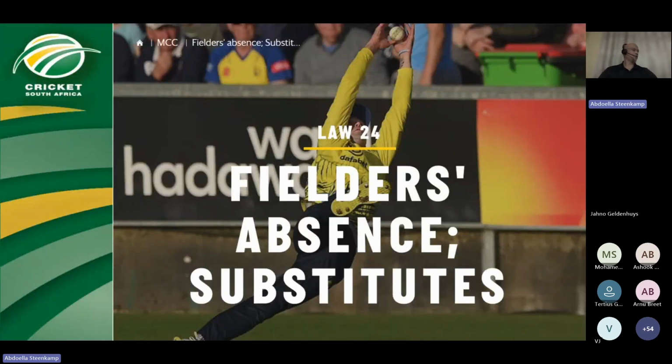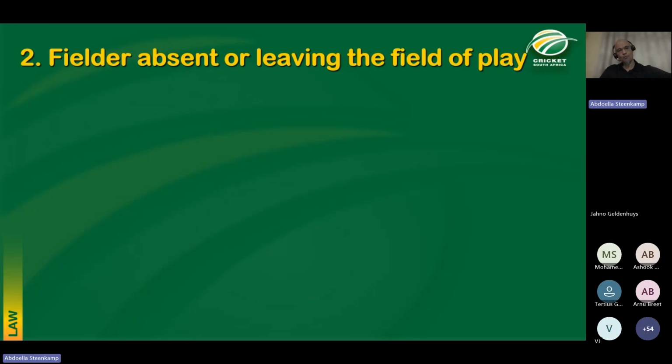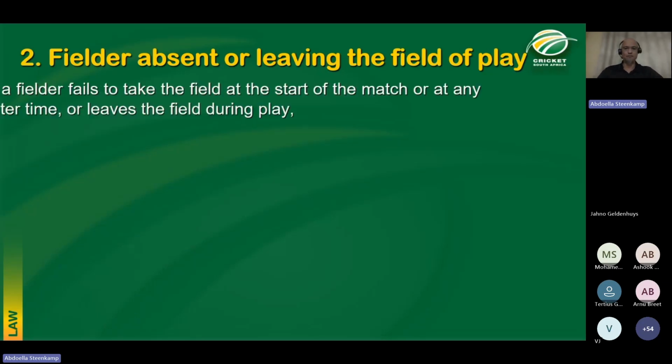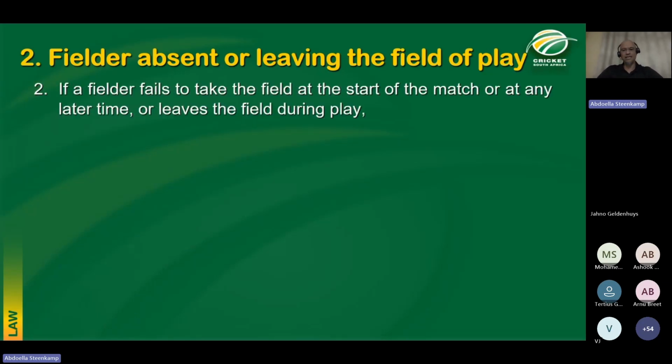The penultimate law that I'm covering, and I'm only going to focus on the main subsection here, is the fielder's absence. What happens if a fielder is absent or a fielder leaves the field of play?